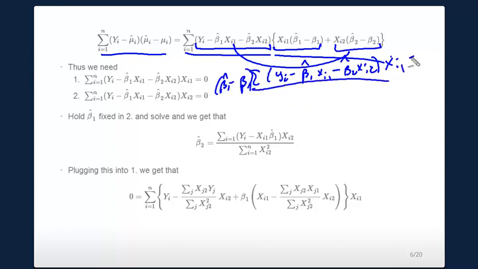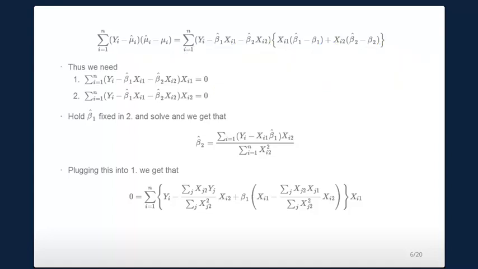If that term is equal to 0, and this one with the 2's on everything is equal to 0, then this whole expression will be equal to 0. So what I've done is simply rewritten these two conditions right here.